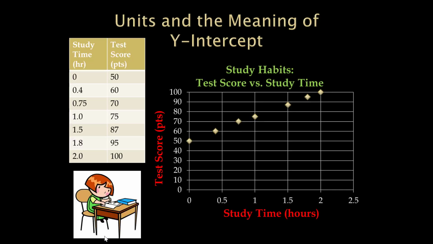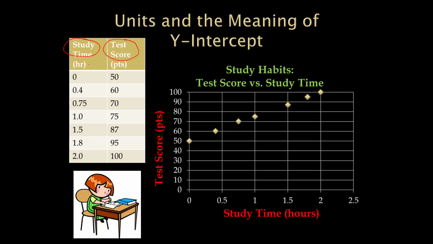Let's get started. We'll return to our data here of study time and test scores. But to understand our variables of study time and test scores, we need to have an agreed upon way of measuring that study time.